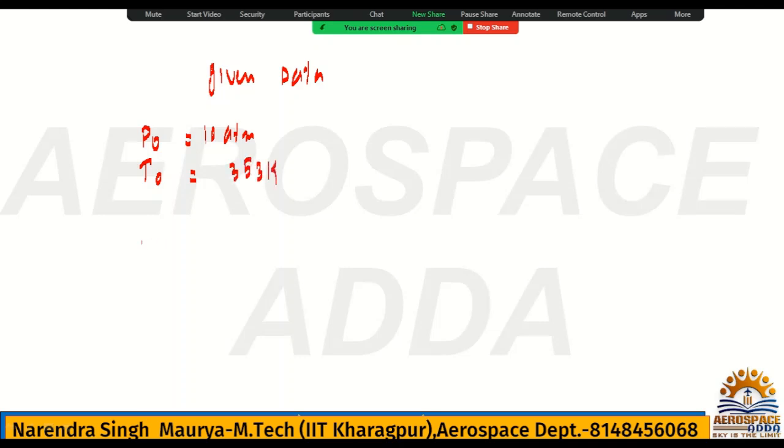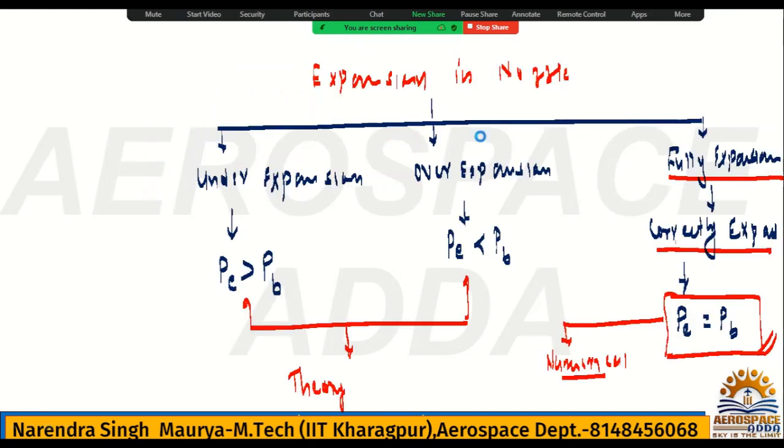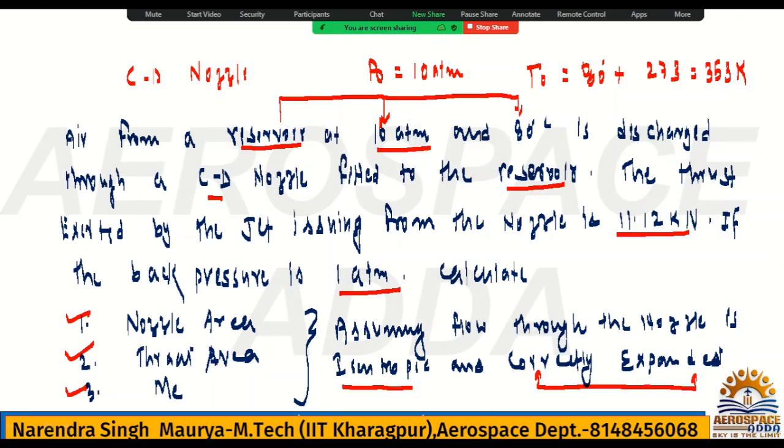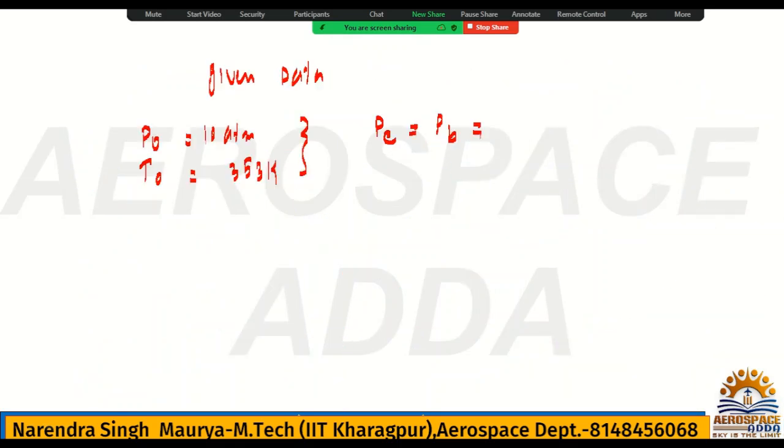And for fully expansion, PE is equal to PB, and the back pressure they have given is 1 atm. These are the given data.